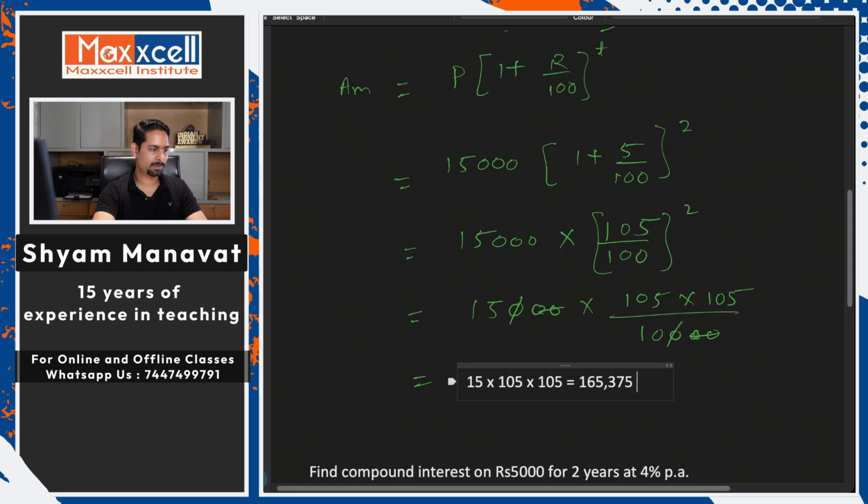We have only by 10 remaining, not 100. Only 10 is remaining in the denominator. So the answer is 16,537.5. That is the amount.